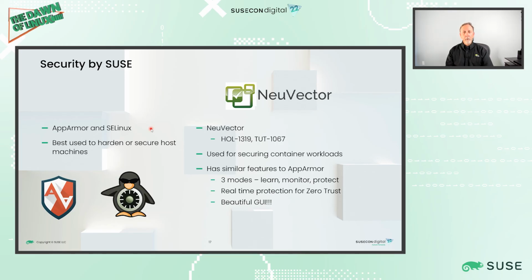But we also bring NeuVector to the table. Now, NeuVector is a separate package. It's a separate acquisition that we made, so we own NeuVector now. But NeuVector is a container workload security tool, and I bring it up here because there are two sides of the coin for NeuVector.